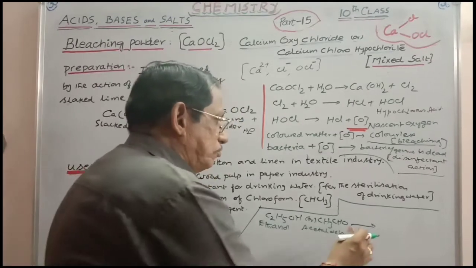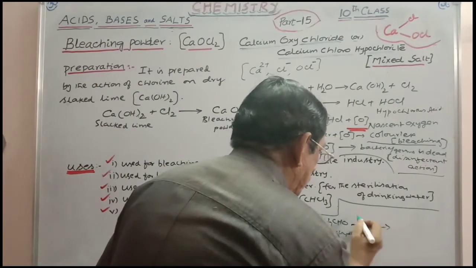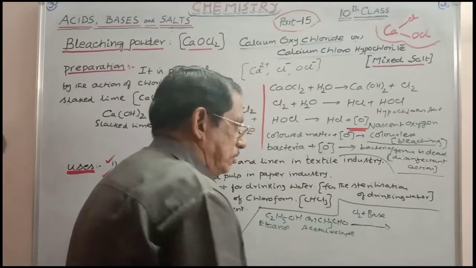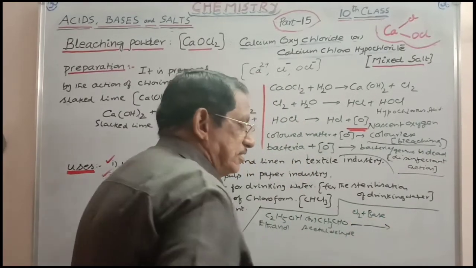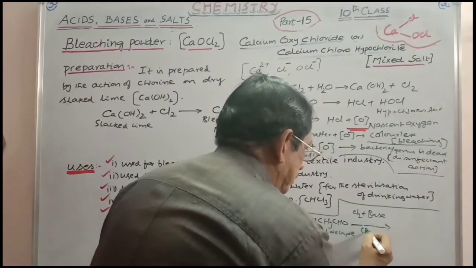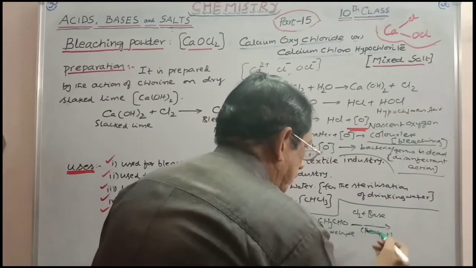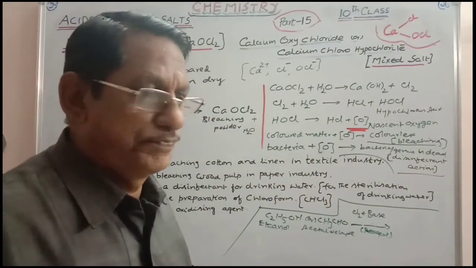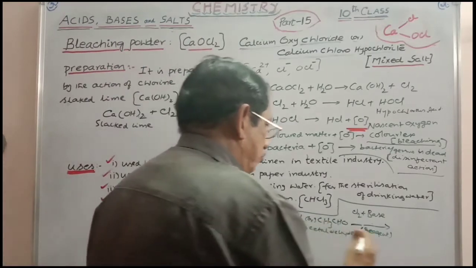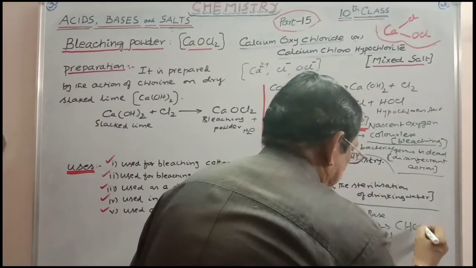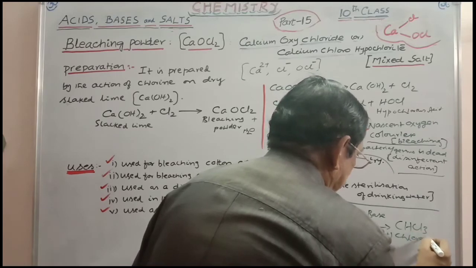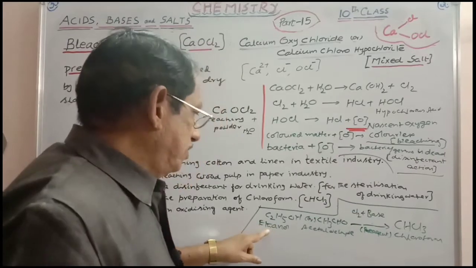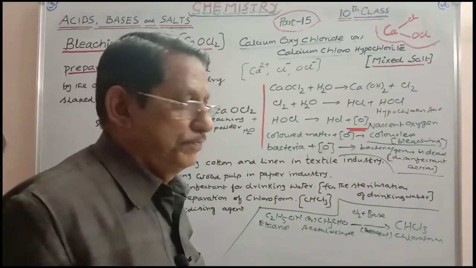For this purpose, what is to be used here? Chlorine plus base. You have to use the reagent chlorine plus base. Base means that containing OH minus ion. Then either one of these two will be converted into chloroform. This is the preparation of chloroform by the action of chlorine and base. Either ethanol or acetaldehyde will be converted into chloroform.